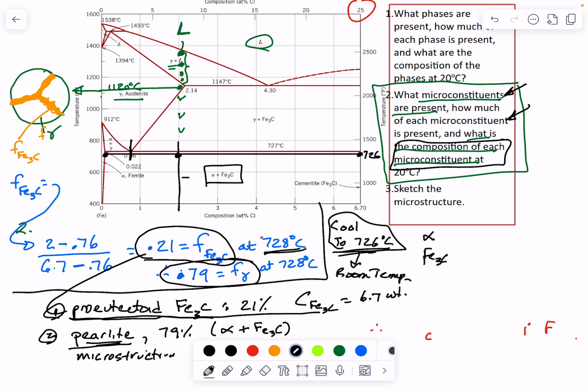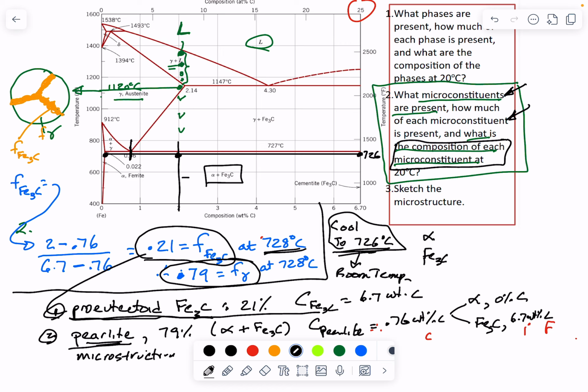Oh, the overall composition of pearlite, I guess you could say it's 0.76 weight% carbon. But remember, it's a mixture of alpha, which has 0 or almost 0% carbon, and Fe3C, which has 6.7 weight% carbon.